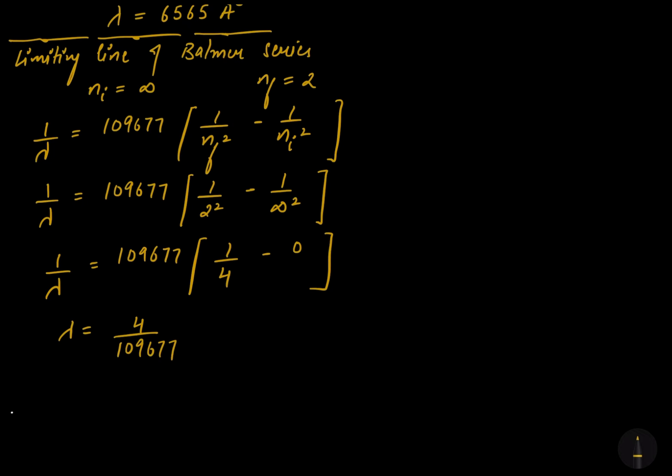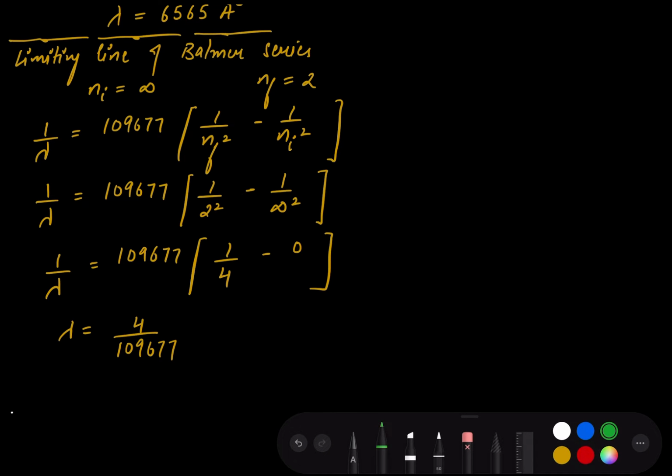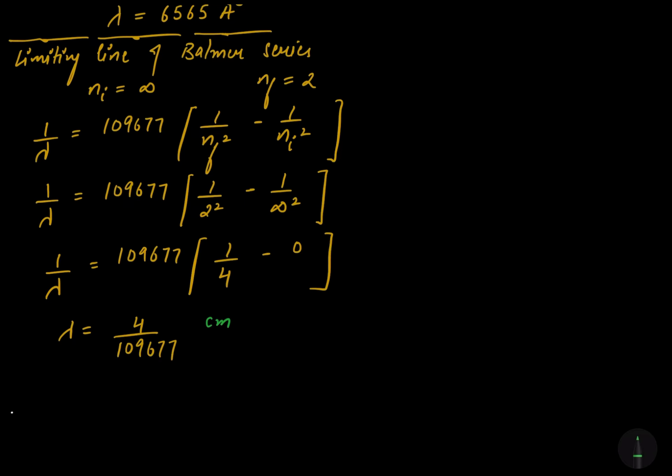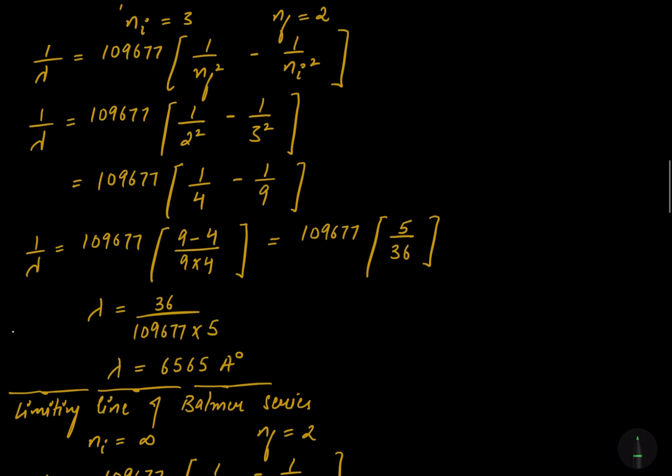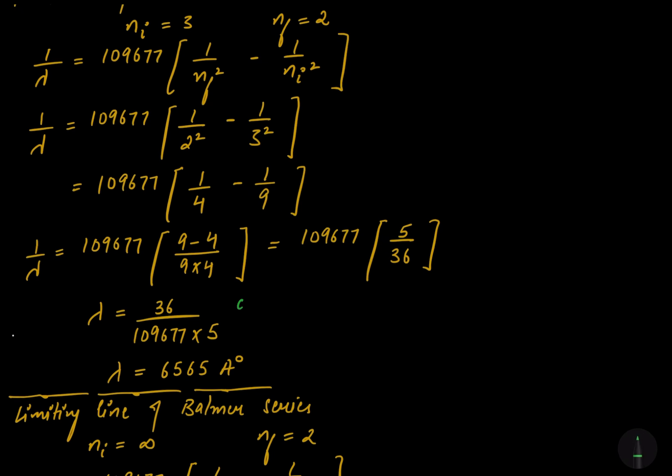My dear students, I will get the wavelength in centimeters over here, and at the last I'm converting my centimeters to angstrom. In the previous questions I have also converted centimeters to angstrom. Let me come back to the previous question. Here my answer was in centimeter and I have converted that into angstroms in the final answer.